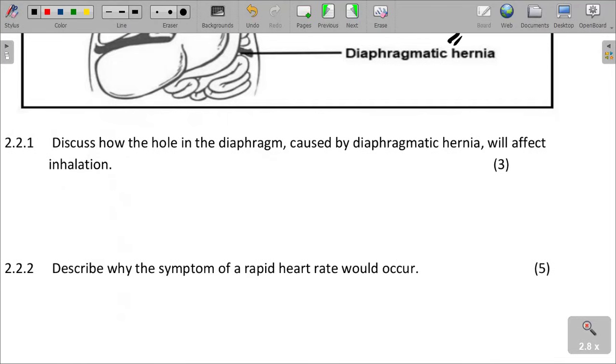You see, these questions are more or less the same. What is happening here is that the space in the thoracic cavity would be limited because the organs are pushed inside. So it reduces the thoracic cavity volume.